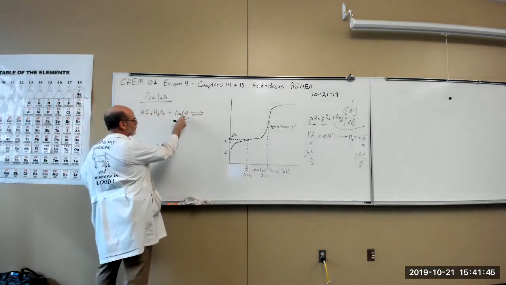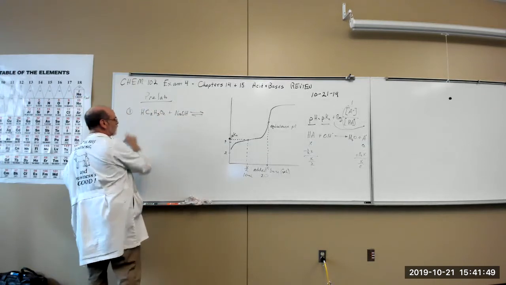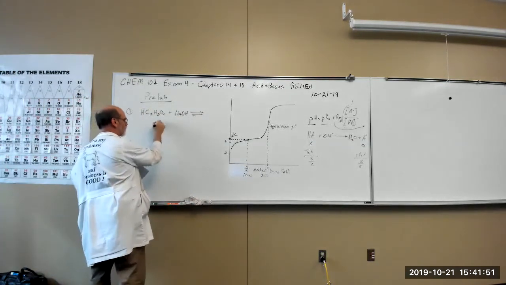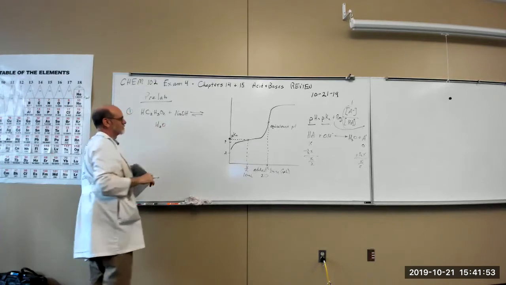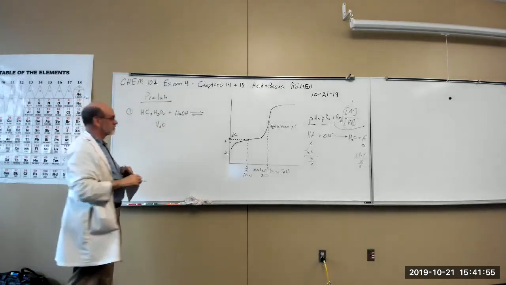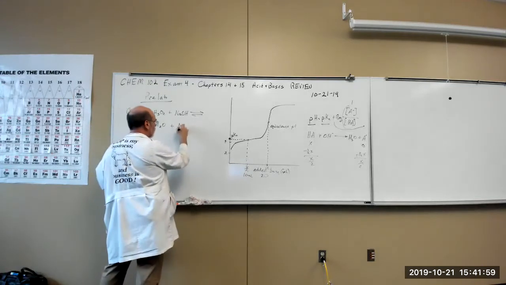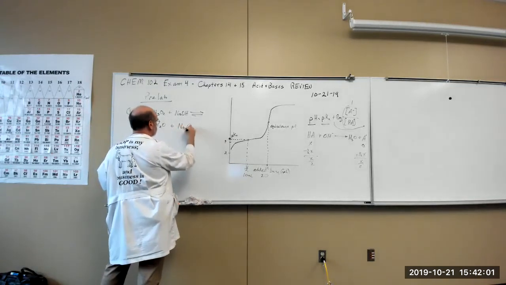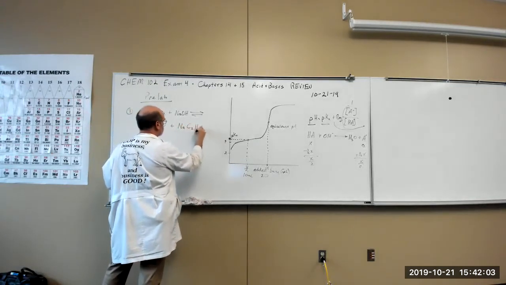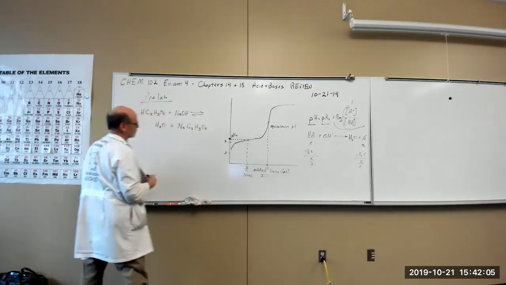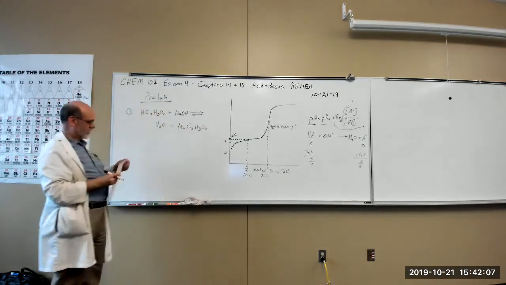Well, the hydroxyl separates and combines with the hydrogen, right? Makes water, H2O. What's left over? Well, sodium then combines with acetate.